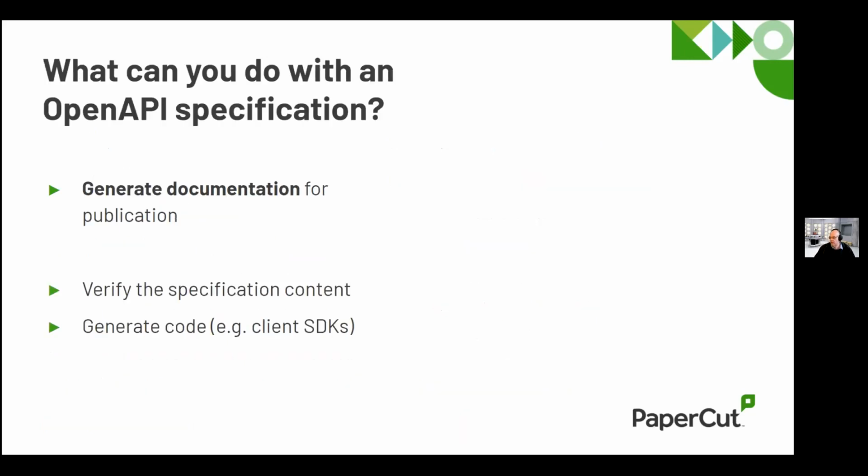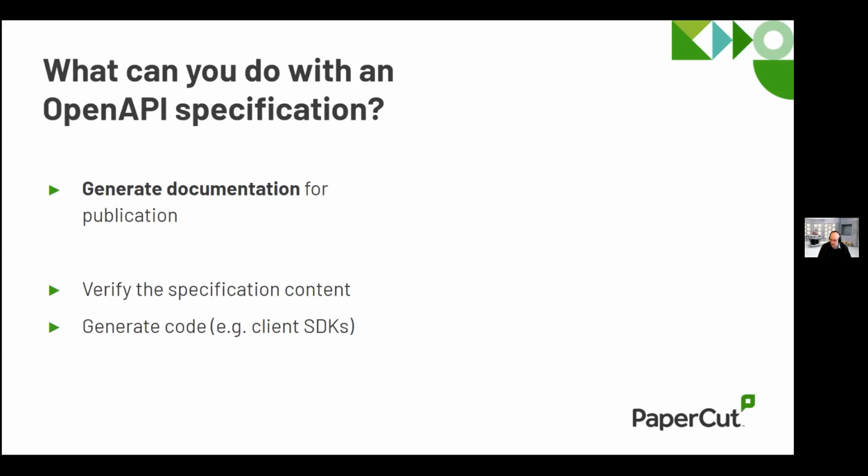There are three things you can essentially do with OpenAPI specs. You can generate documentation, which is what we're doing today. You can also verify a specification to make sure it's technically correct, which is quite useful. And once you've got a valid specification, you can generate some code, which is probably not of interest here, but remember I said that an API is actually a contract.